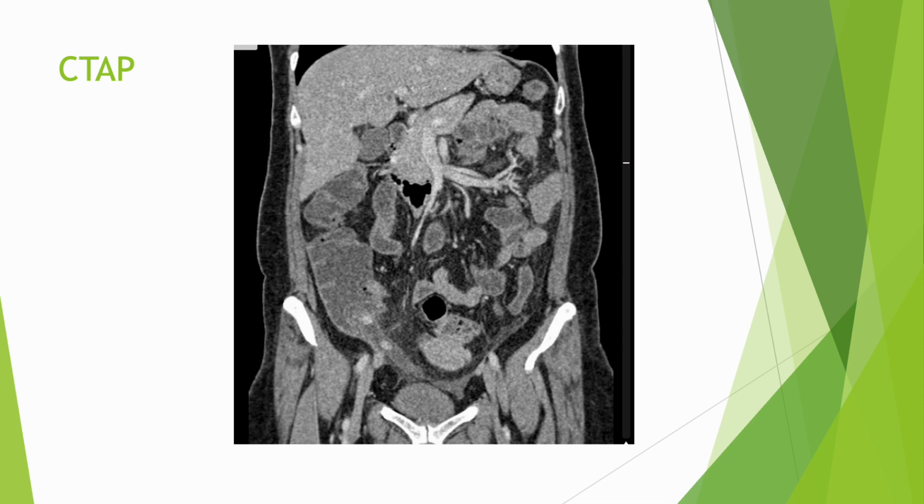So if you were looking at the images and decided to measure from the outer wall to the outer wall, it would be raised to above 8 to 9 millimeters in acute appendicitis. You can also look for wall thickening in the appendix, so anything above 3 millimeters would be suggestive of an appendicitis. And in this case here, you can see quite an enlarged appendix, which is highly suggestive of an appendicitis.